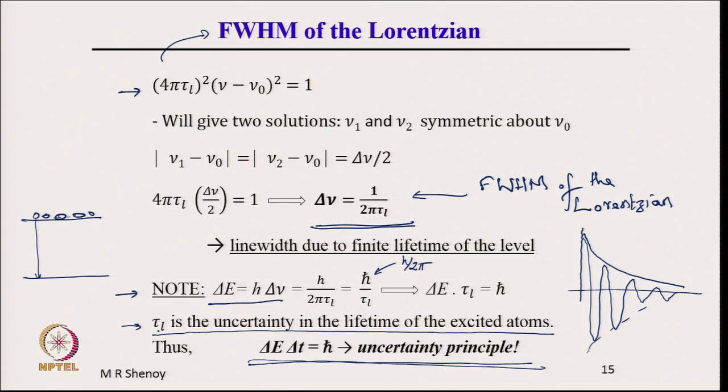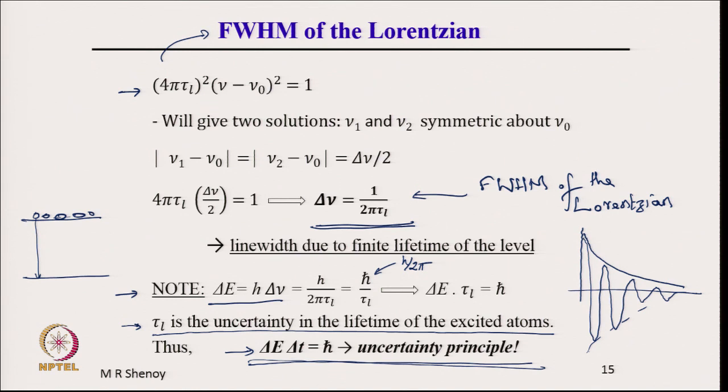The average, therefore, tau L represents the uncertainty, and that is consistent with the uncertainty principle. Delta E into delta tau is equal to h cross.